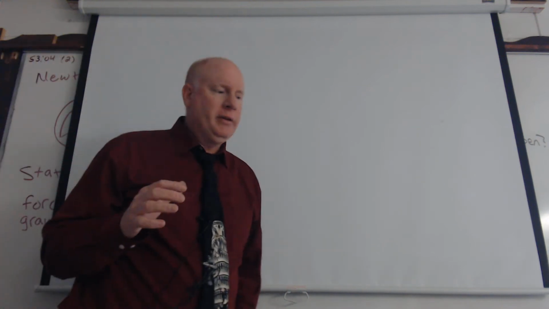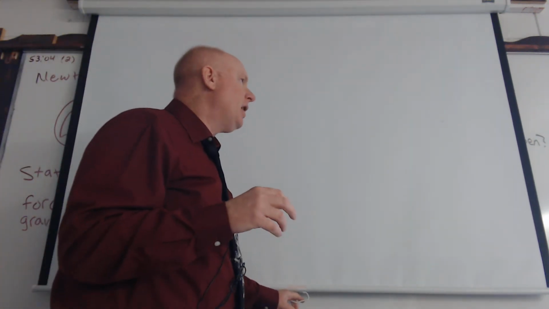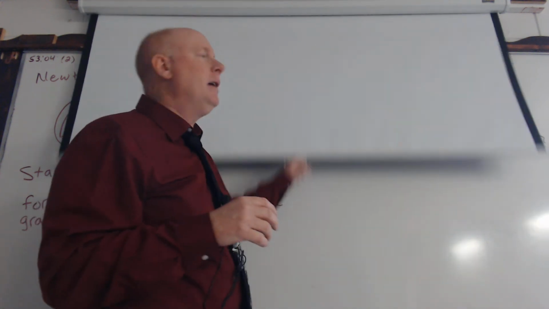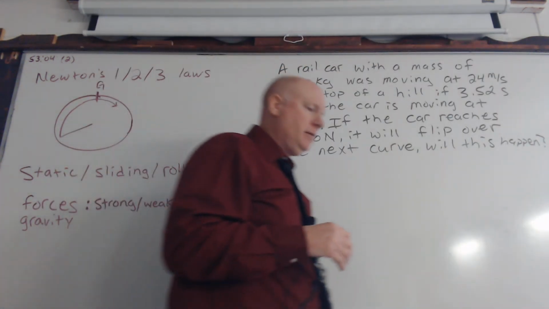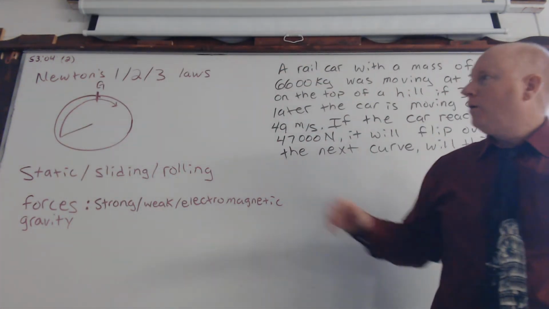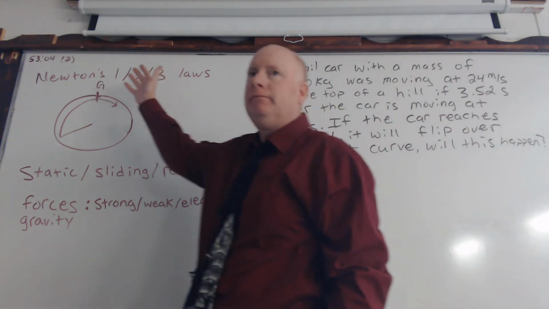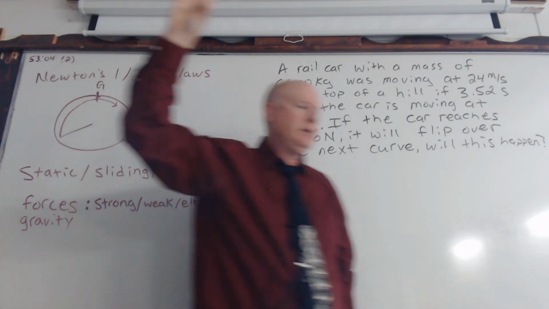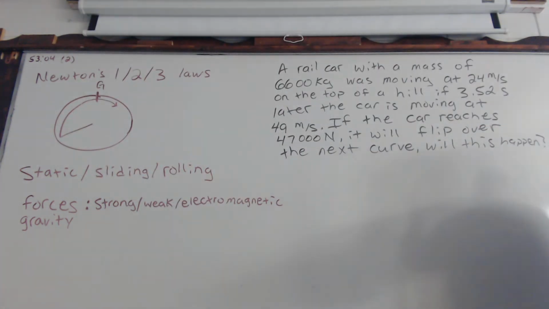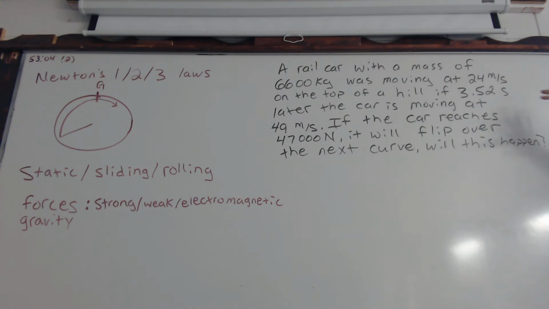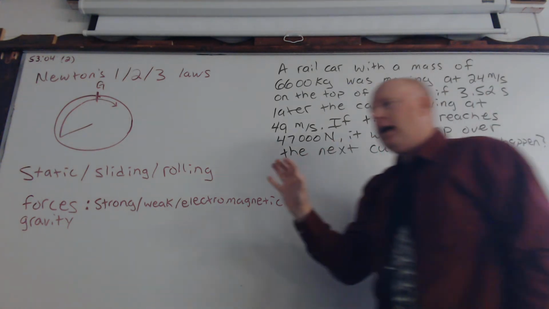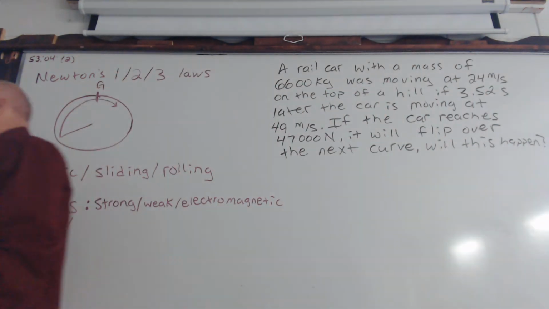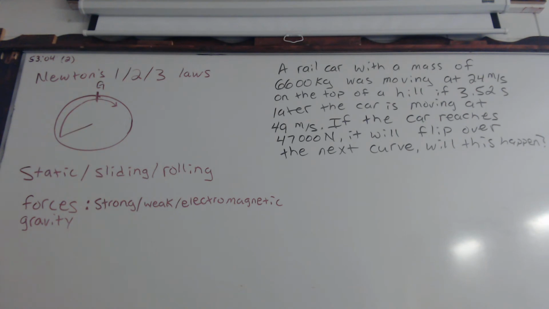So, some of the aspects that we have talked about in class might be as follows. When we talk about Newton's first, second, and third laws, the first one deals with inertia, and that's kind of what this problem is dealing with right here. The idea is that an object moving on a curved path is trying to resist that change in motion.